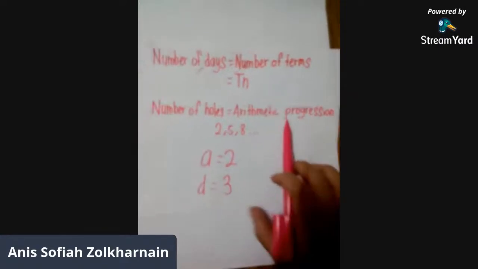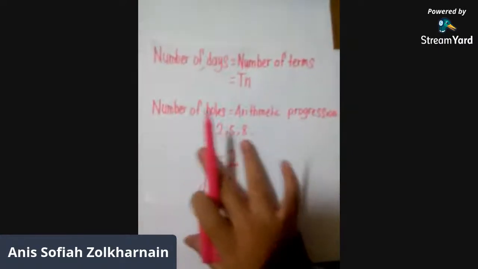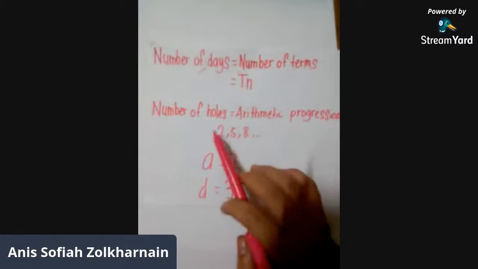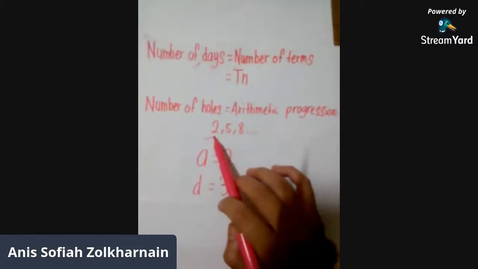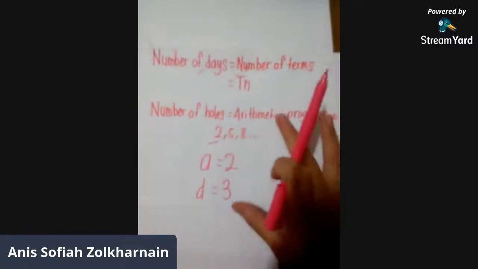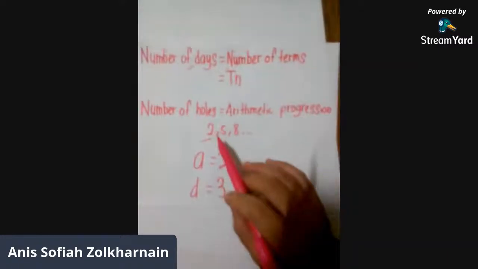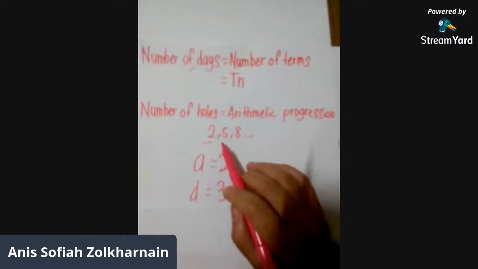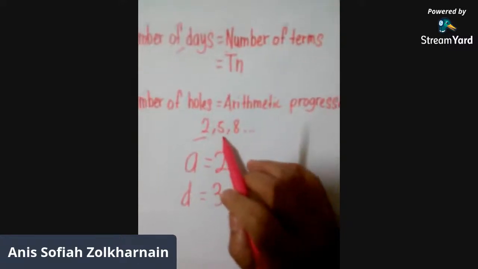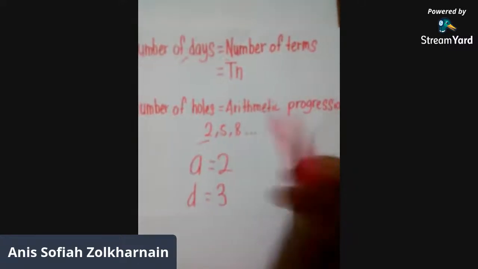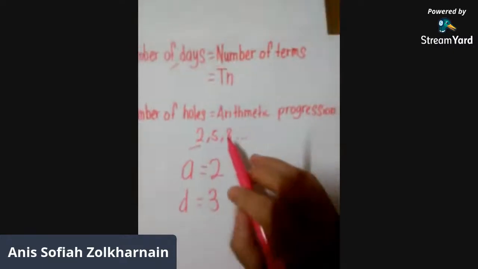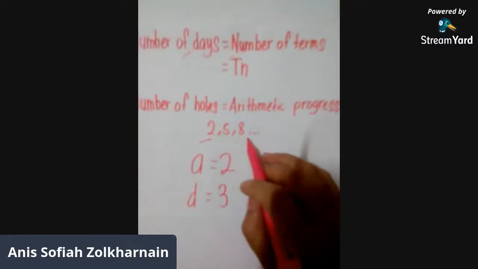For example, on day 1 we have 2 holes, so the first term is 2. On day 2 the bees make another 3 holes, and the total becomes 5. On day 3 the bees make another 3 holes, making the total 8.